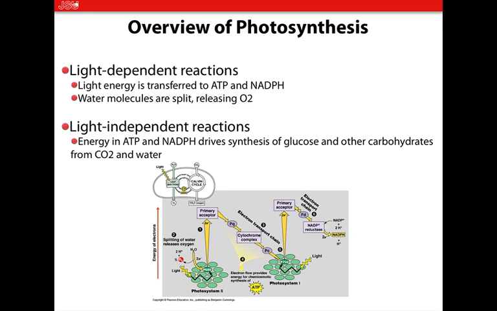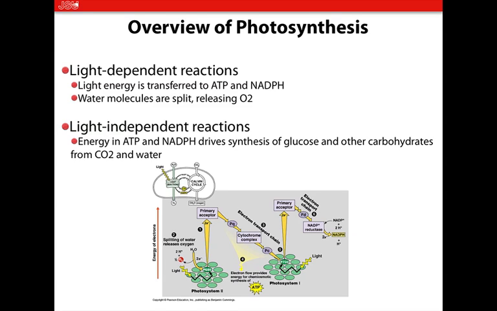Okay, so this is a very important slide. You should know the two reactions, the light-dependent and independent, and we're going to talk about these in detail, but just be aware of what they are, what goes into them, what comes out.